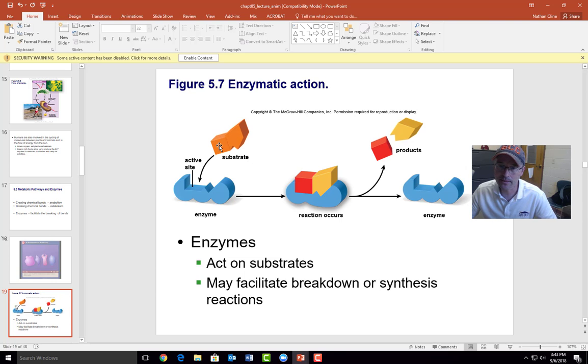And so what happens is these molecules come up to an enzyme, and the enzyme has what they call an active site. An active site puts a little bit of stress on the chemical bond by changing its structure ever so slightly when the substrate fits into place.